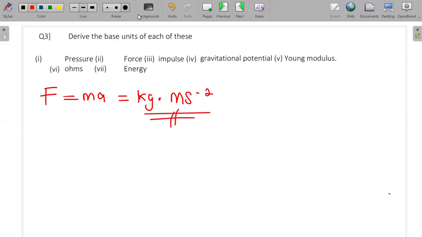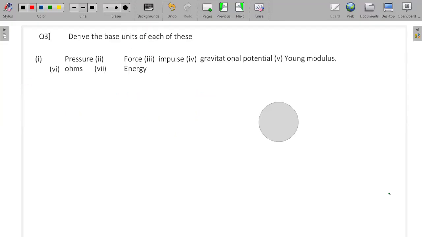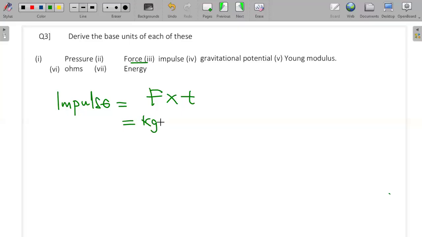Okay, let's do impulse. So impulse, you have to know the formula for finding the impulse. When you're finding it, its formula is force multiplied by t, which is time. So force, we're just deriving its units, which we just said kg, m, and then s to the power minus 2.